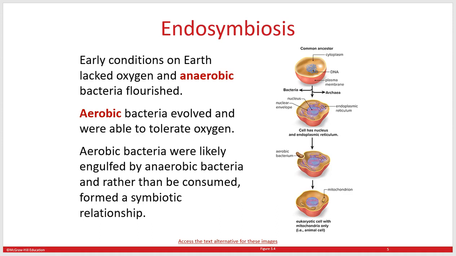The two then had a symbiotic relationship. The large cell would generate food for the aerobic bacteria, and therefore you had this space for the aerobic bacteria to live in, and it increased the likelihood that this bacteria could exist in this new world with oxygen in it. And so the mitochondria just kind of stuck around.